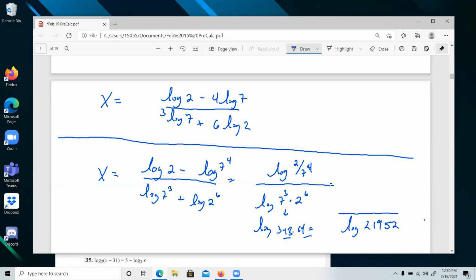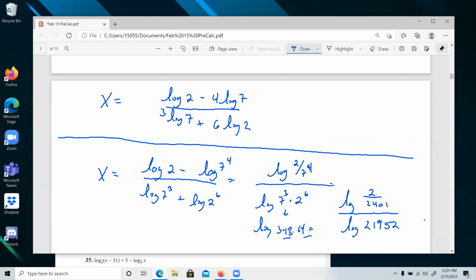On the top, we got log of 2 over log 7. I had one student that did this to me. He was pretty good, so it's possible. But for everybody else, I would say, please don't do this. So this is log of 2, 7 to the 4th was 2401.